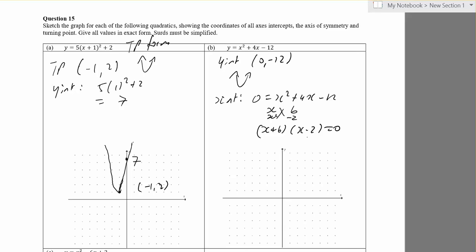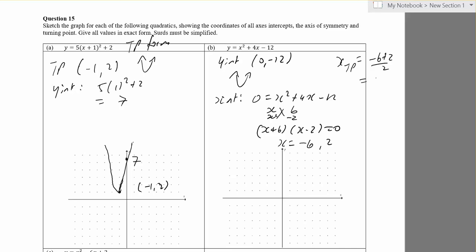Let's check if that's correct or not. Yep, that works. So our x-intercepts are at -6, +2. Our TP, x TP would be the average of the x-intercepts, so -6 plus 2 divided by 2.